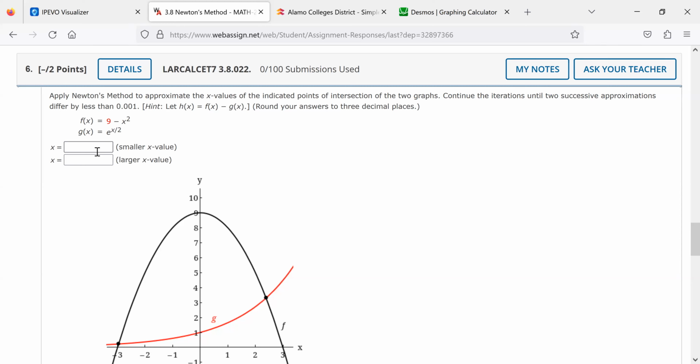So we have h of x equal to f minus g, where f is 9 minus x squared, g is e to the x over 2. So basically, you're going to have to do iteration a couple of times, but notice that there's 2 zeros.